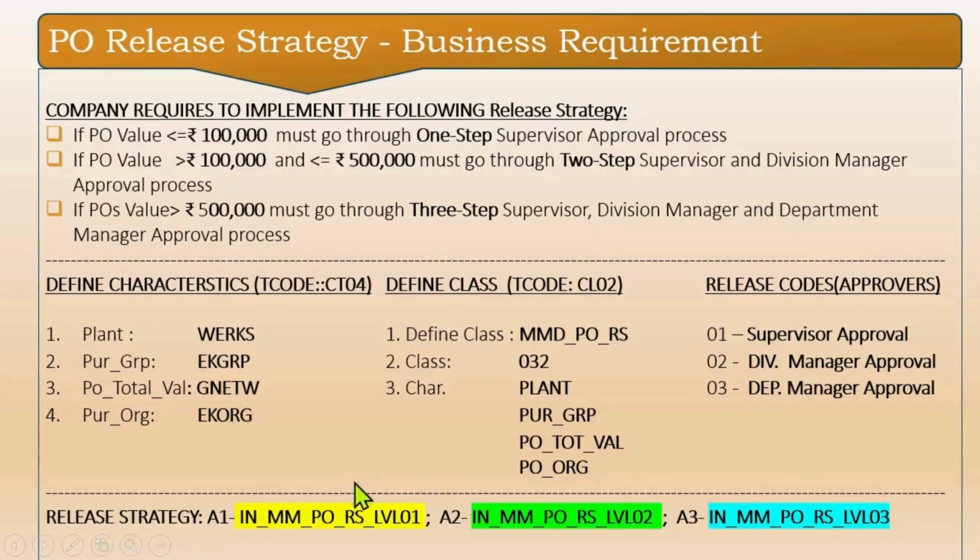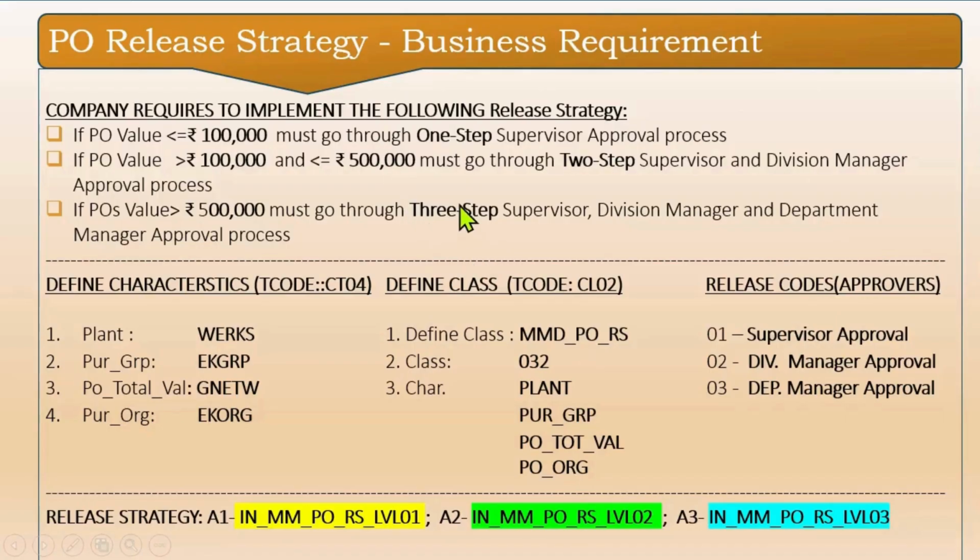Then after the release codes, release strategy, this is how we follow the standard. First will be the region, that's India, and then materials management, then purchase order, release strategy, level 1, level 2, level 3, so on and so forth. We'll be creating exactly a replica of this in the system, and we'll build a purchase order release strategy.